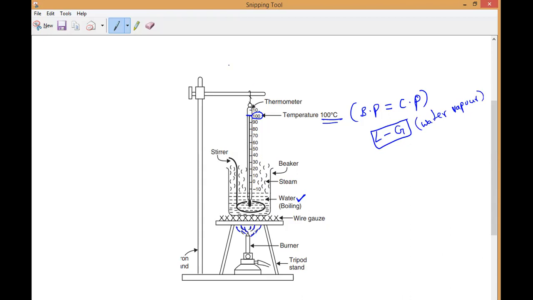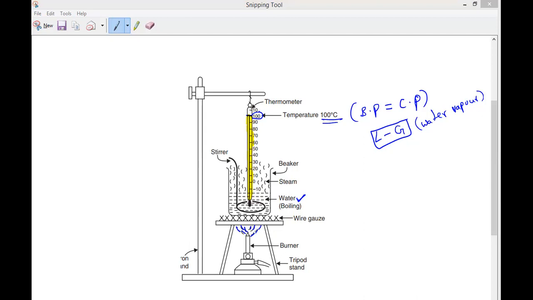Does the temperature rise further? No, sir. Even while a single drop of water is present inside the beaker, there is no rise in thermometer reading, because that energy is used for breaking the bonds, to overcome the force of attraction present in the liquid state.